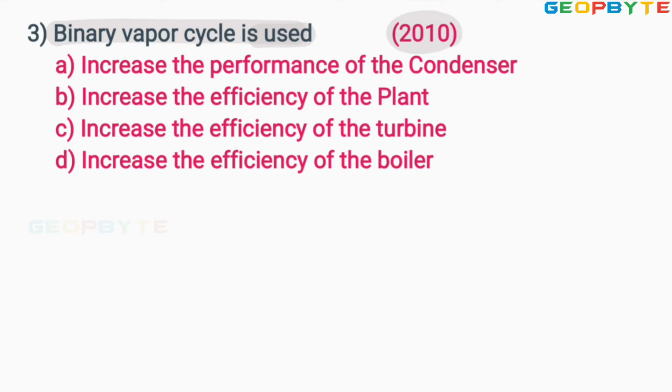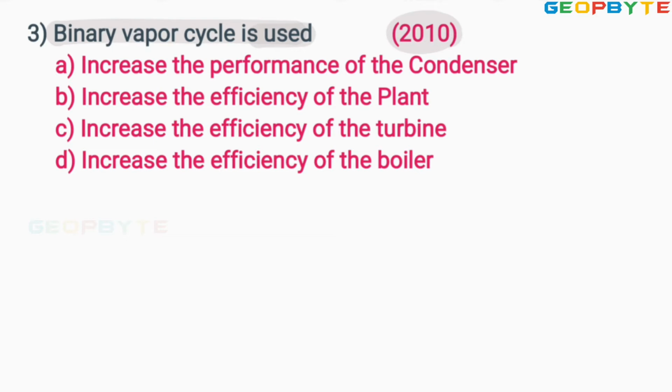For the time being, remember, binary vapor cycle means the combined power plants of mercury vapor plant and steam power plant is called binary vapor cycle. In the binary vapor cycle, the heat recovery rate is more. That means heat rejected to surroundings is less.